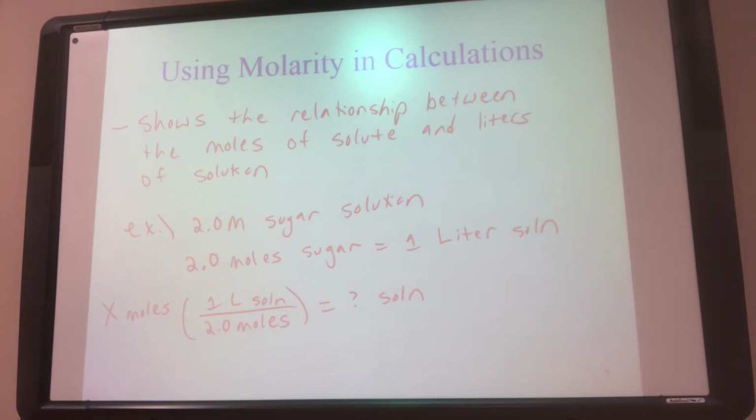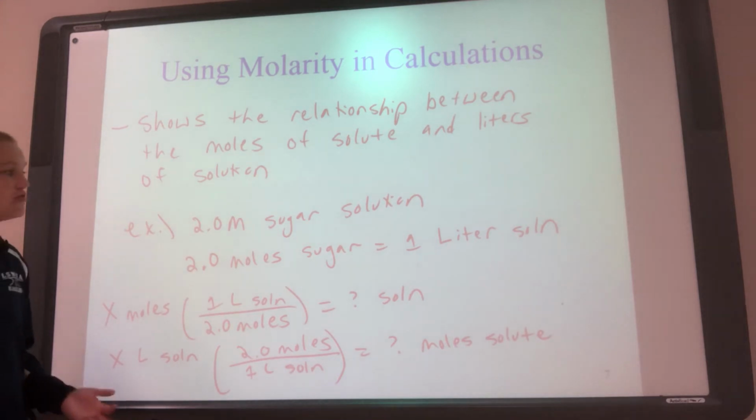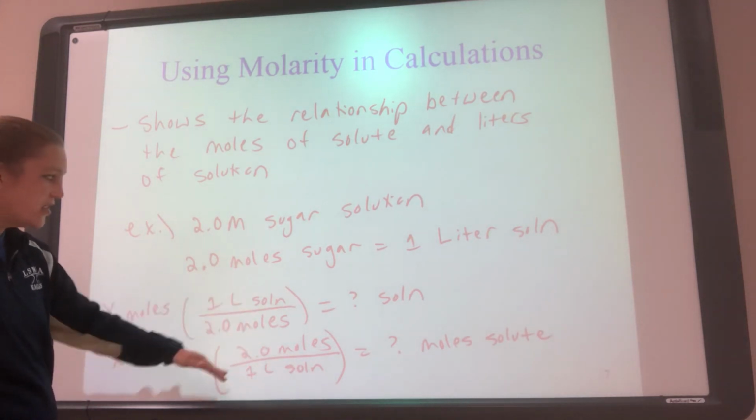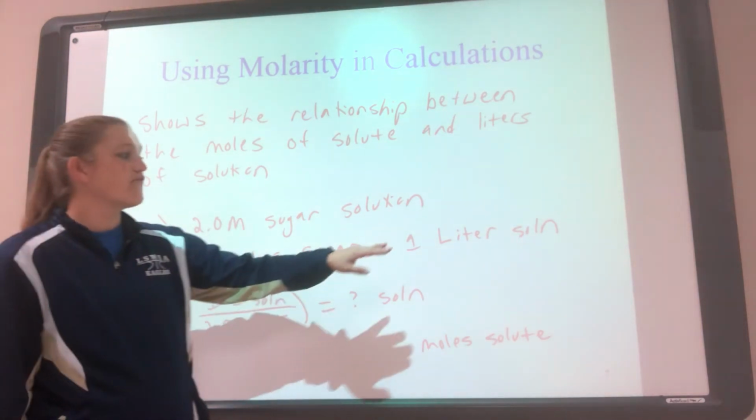Or say I had a certain amount of solution. I can use the molarity to get to a certain amount of moles of my solute. So the molarity can be used as a conversion to go from moles or to go from liters.